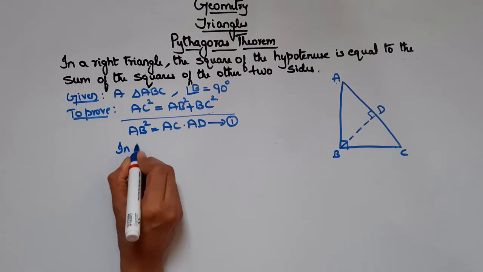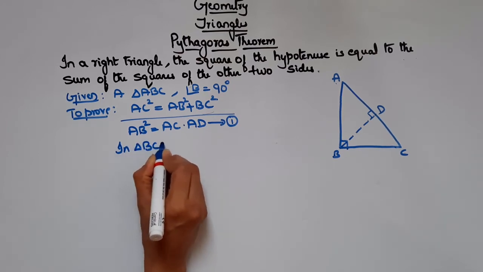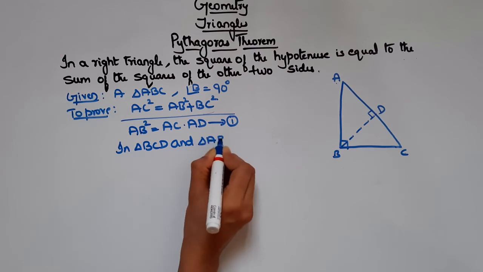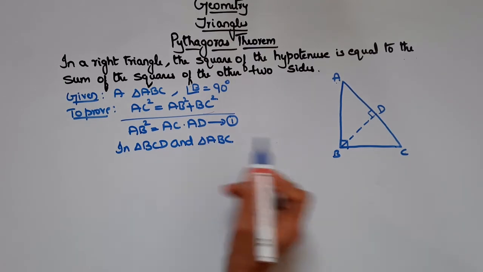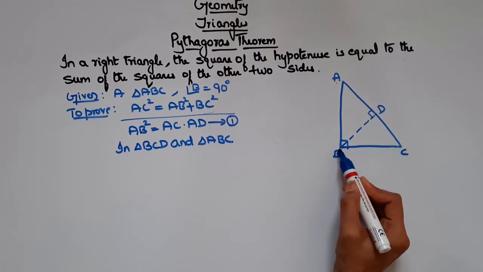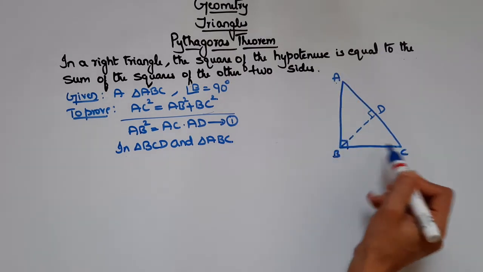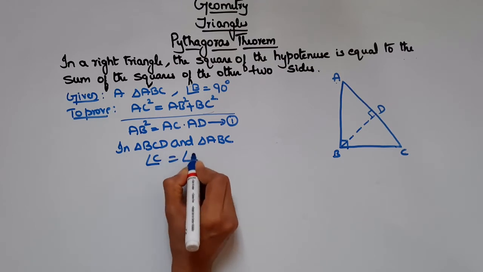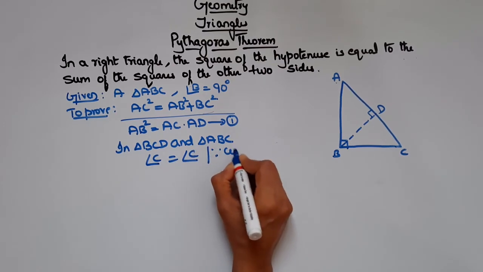So in triangle BCD and triangle ABC, in these two triangles angle C is common. BCD and ABC, angle C is common, right? So we know angle C is equal to angle C since common angle.